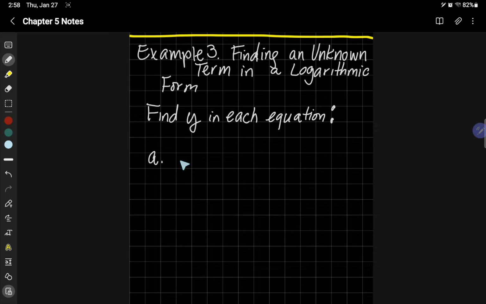A says log base 2 of 8 equals y. Okay, so for each part we can use the definition of logarithm to find y.